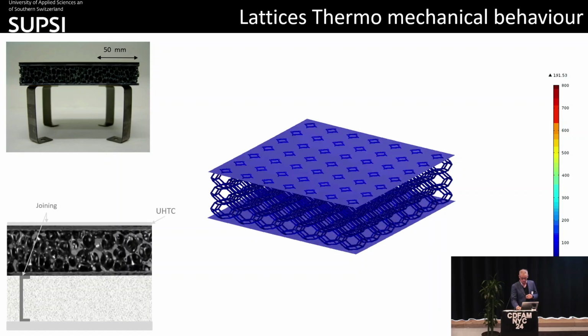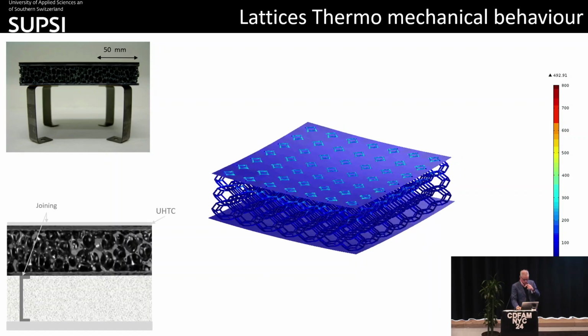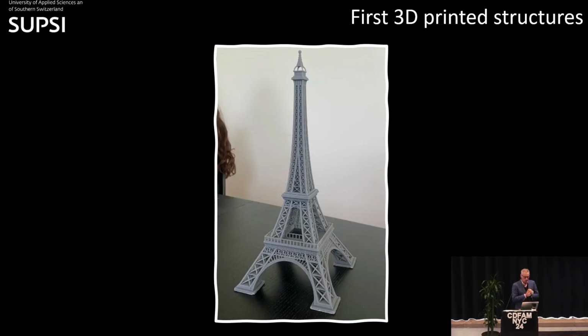And then it was 2004, 2005, I saw for the first time an Eiffel Tower printed by fused filament deposition. For me, this was mind-blowing, because I immediately saw a foam.